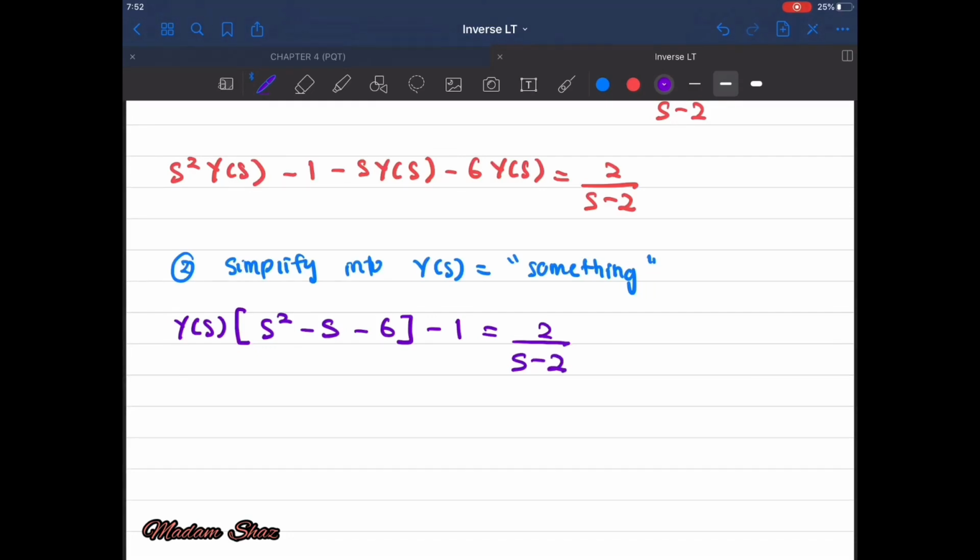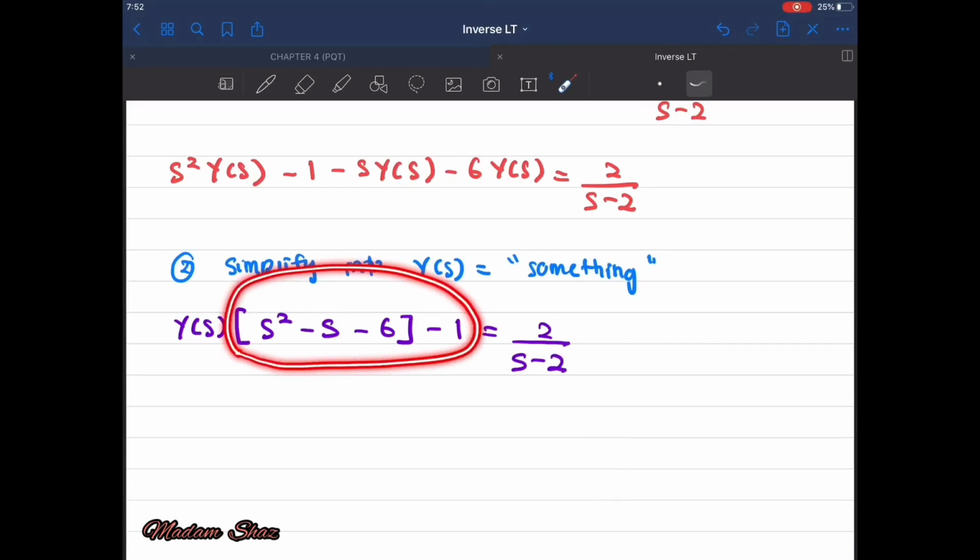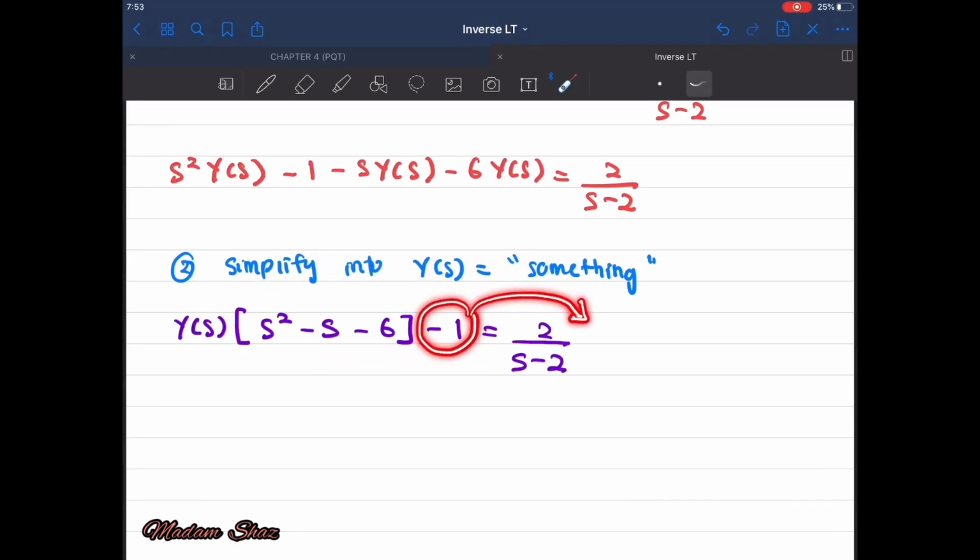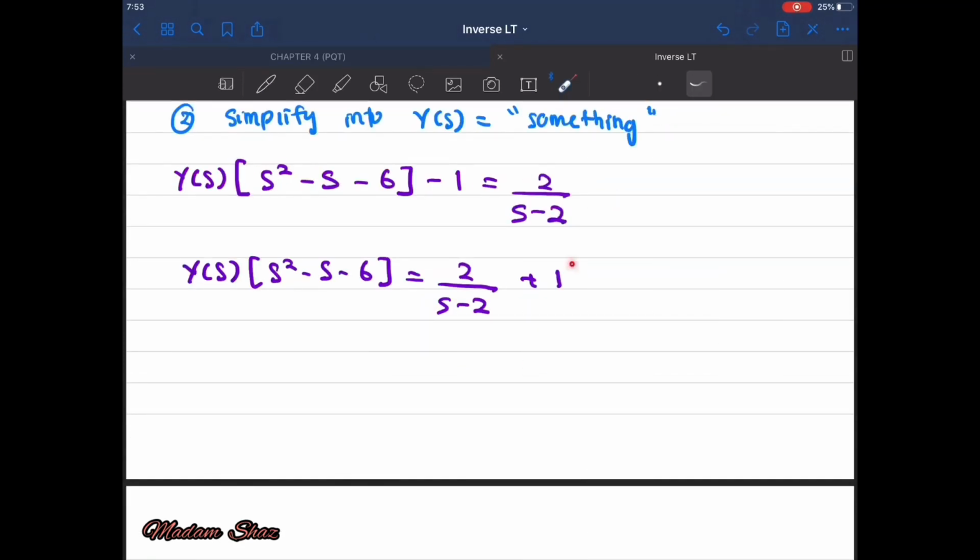So now everything that you have on the left hand side here, you have to move to the right hand side. So we will move negative 1 first to the right hand side. Negative 1 brought to the right hand side will become positive 1. For the right hand side here, the denominator is not the same, so you have to make it the same denominator.